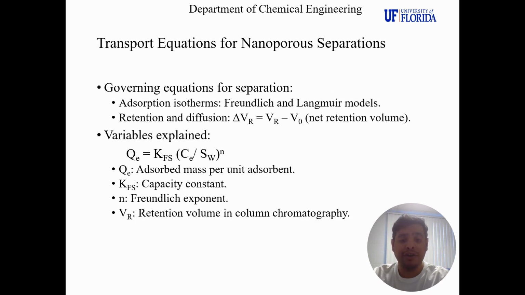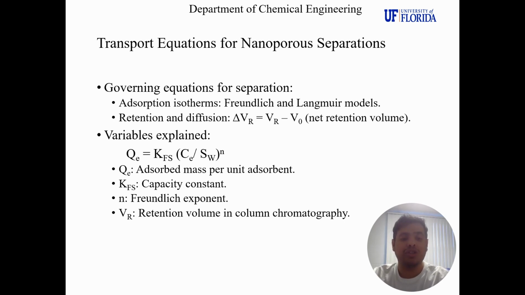Mathematical models underpin the optimization of nanoporous separations. The Freundlich adsorption isotherm describes the relationship between solute concentration and adsorption on heterogeneous surfaces. Qe is the quantity of solute adsorbed. Ce is the equilibrium concentration of the solute in the solution.